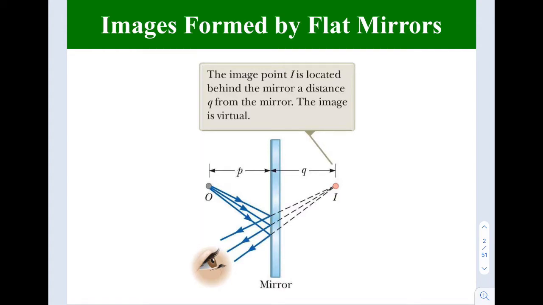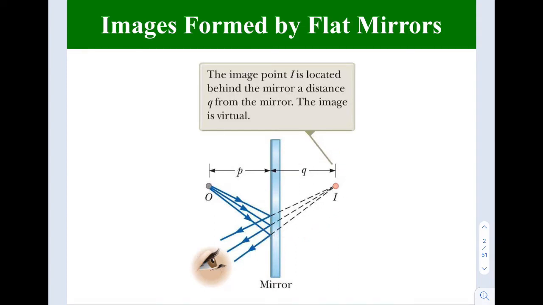A real image is formed when all light rays pass through and diverge from the image point. A virtual image is formed when most, if not all, of the light rays do not pass through the image point but only appear to diverge from that point, as shown here.